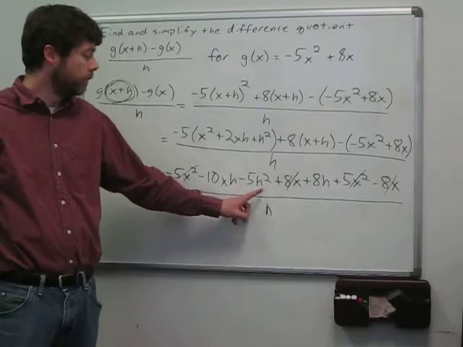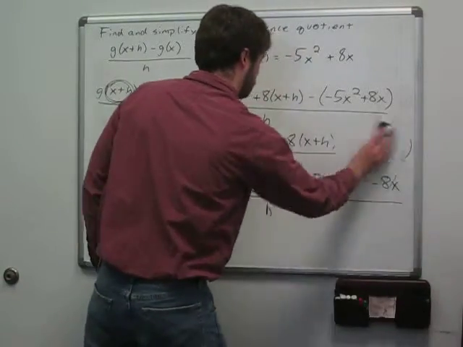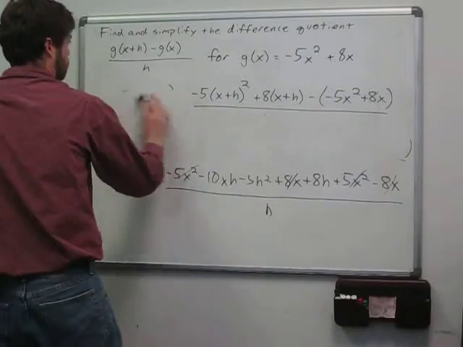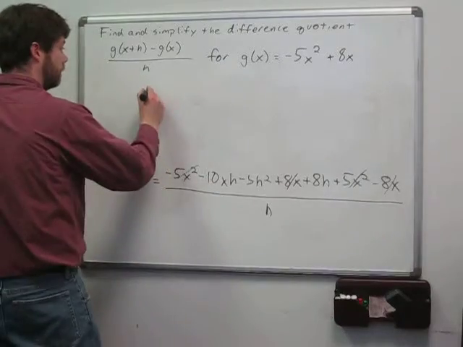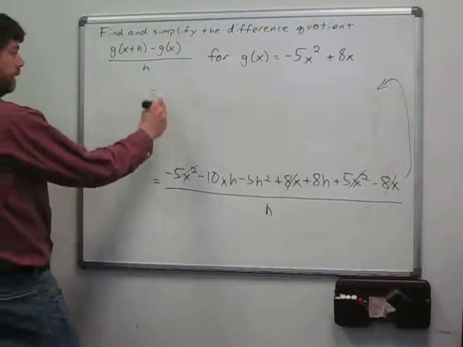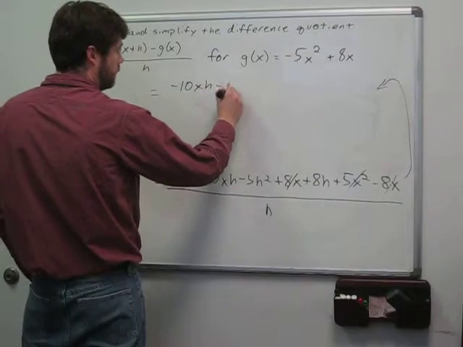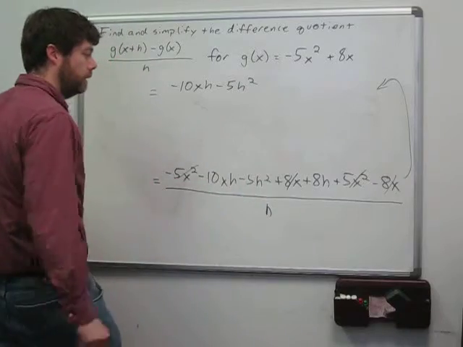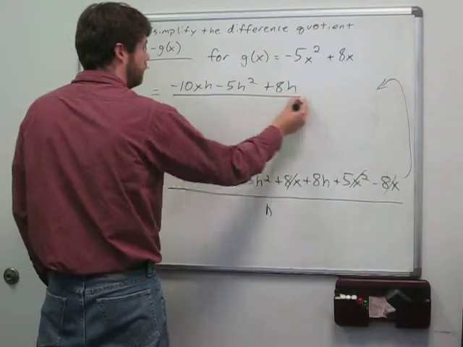And in our numerator, we are just going to have terms with h's. So in our numerator, we have negative 10xh minus 5h squared plus 8h all over h.